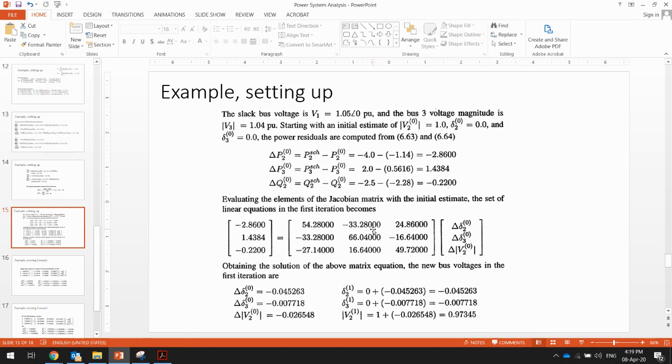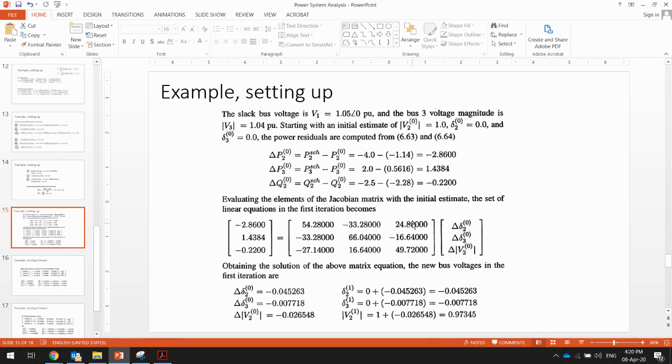This is the partial differentiation of P2 with respect to delta 3. This is P2 with respect to V2. Then this is P3 with respect to delta 2, delta 3, and V2. This is Q2 with respect to delta 2, delta 3, and V2. So the order of differentiation depends on the order of arrangement of our unknowns.